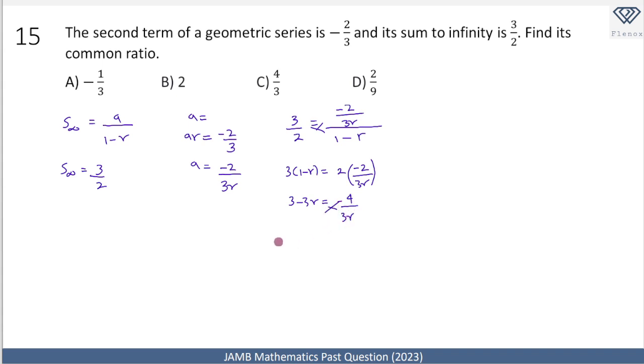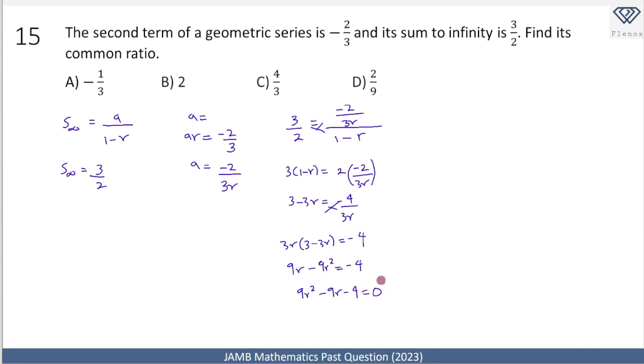So we have 3r into bracket 3 minus 3r is equal to minus 4. So this becomes 9r minus 9r squared is equal to minus 4. Now, if I bring this to the other side, I can also write this as 9r squared minus r minus 4 is equal to 0.